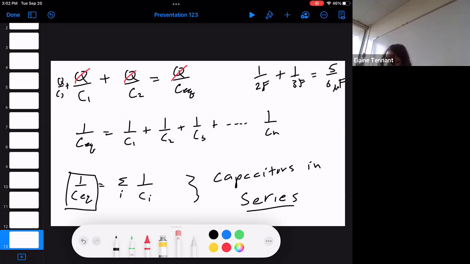But it's not 5/6 of a farad, it's 6/5 of a farad, right? I have done it innumerable times. I'm sure everyone is going to do it. But when you have some capacitors in series, just triple check that you inverted your final answer. Sound okay?